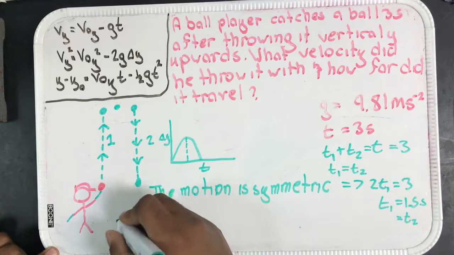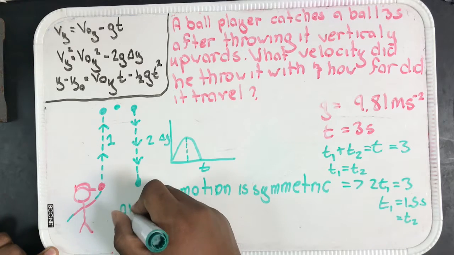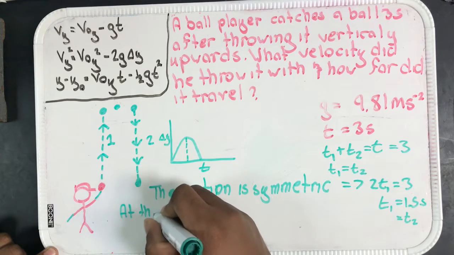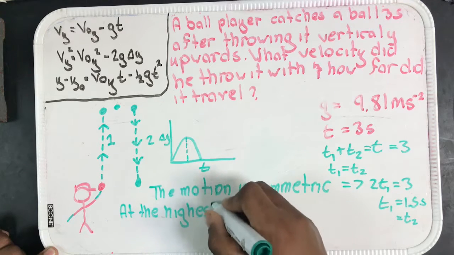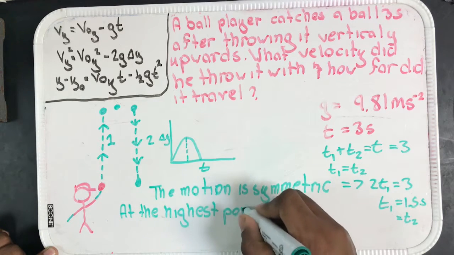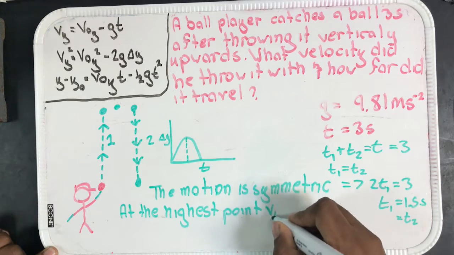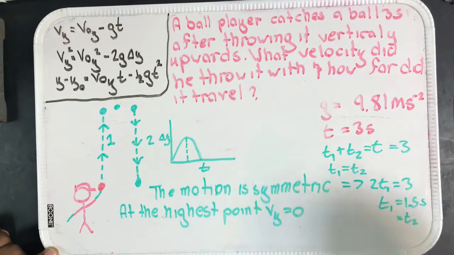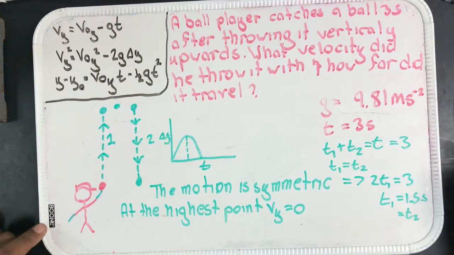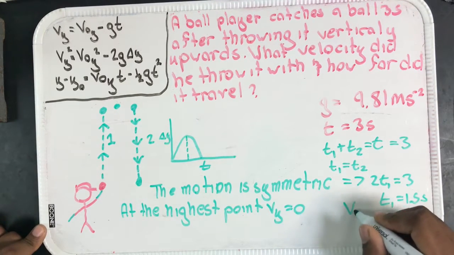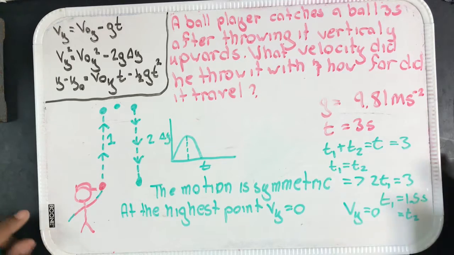So we also know at the highest point, the final velocity in the y is 0. So we know here Vy is equal to 0.